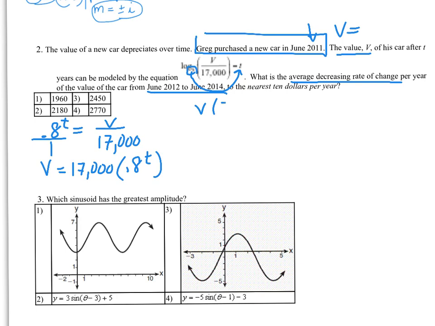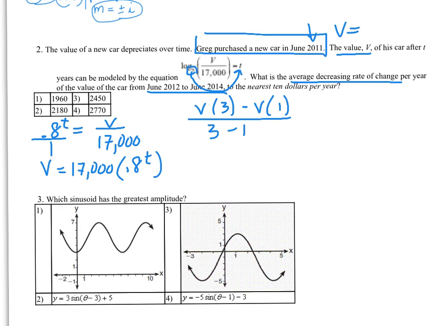So the value of the car at time 3 minus the value of the car in 2012. Now, 2012 was 1 year after he purchased it. Okay, over 3 minus 1. That's how you find average rate of change.